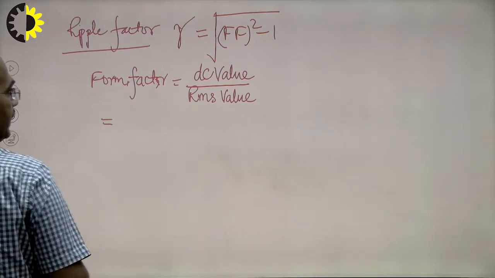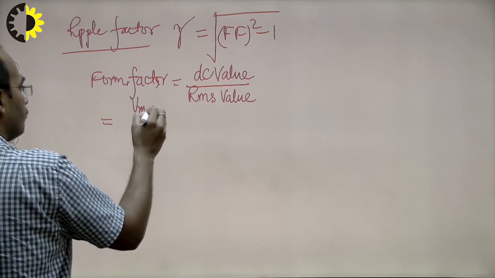DC value I have already found. DC is nothing but Vm upon pi.